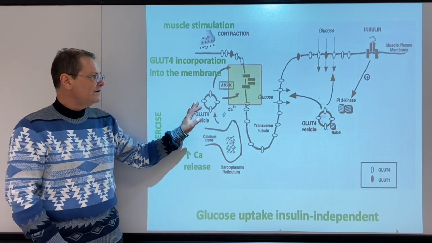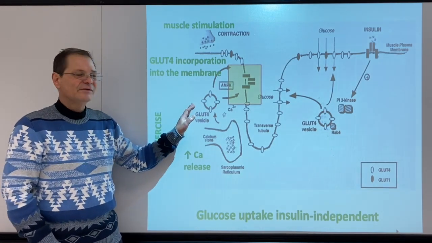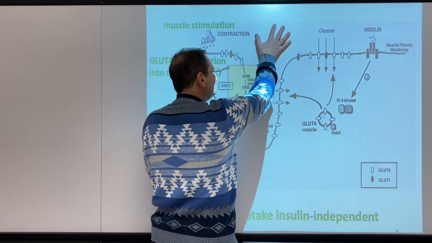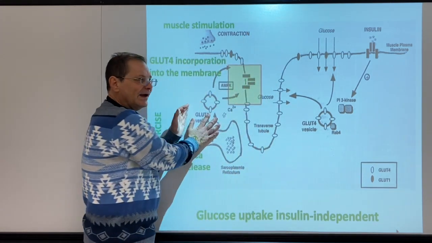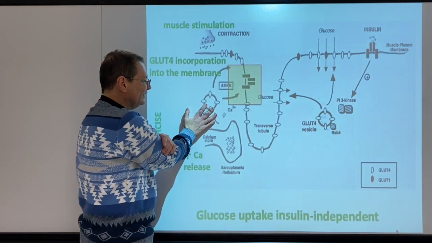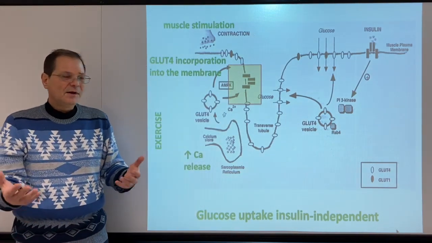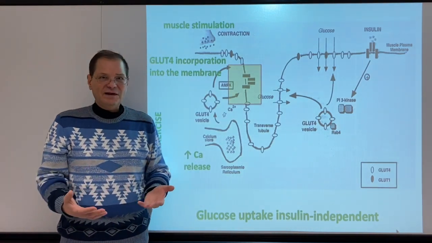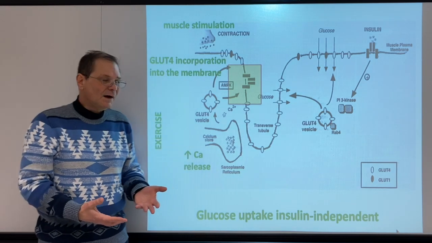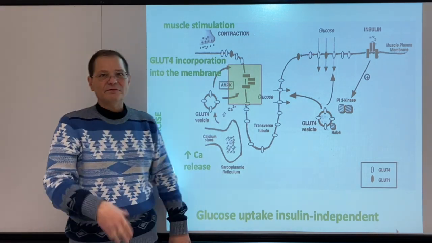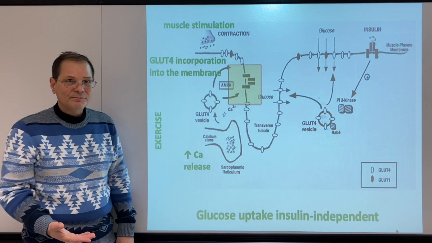So this is an insulin-independent local mechanism. So as long as you're sustaining plasma glucose, you're sustaining uptake into the tissue that needs it because of this increased calcium. So this is a typical example of how you can sustain glucose uptake in the face of reduced insulin levels that you get.